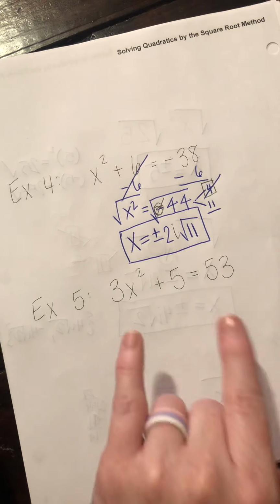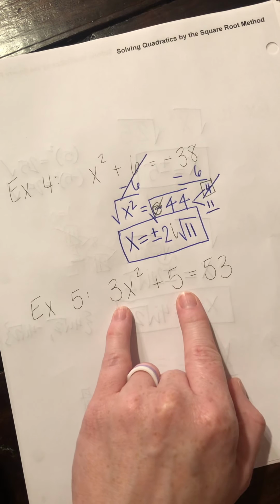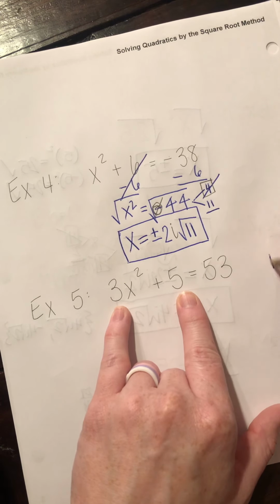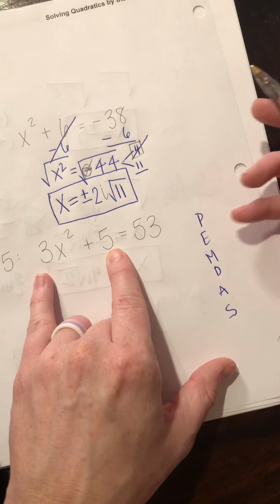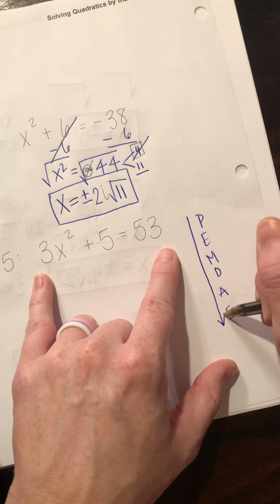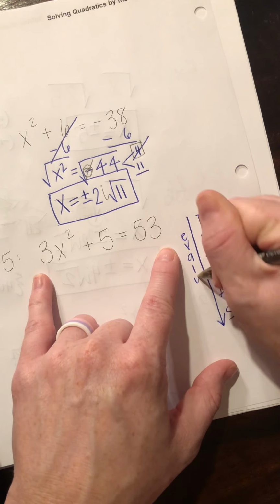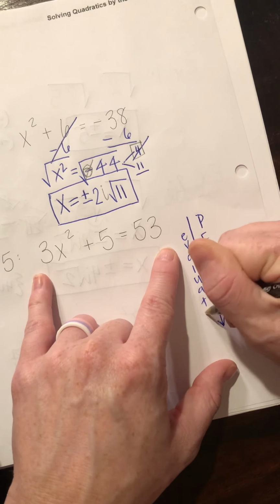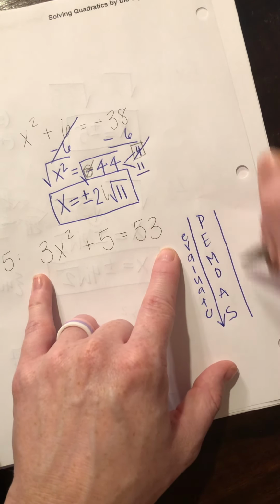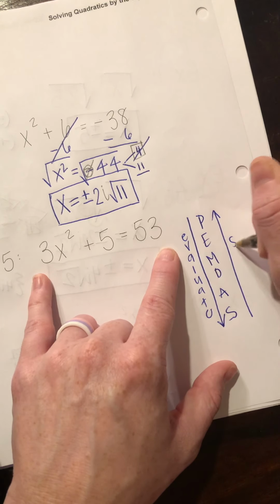On example number 5, notice I have a combination of two things, but I want to remember when I'm following my order of operations, okay, I put the little PEMDAS thing here. I'm going to work it out this way when I'm evaluating, and I'm going to go backwards when I'm solving.